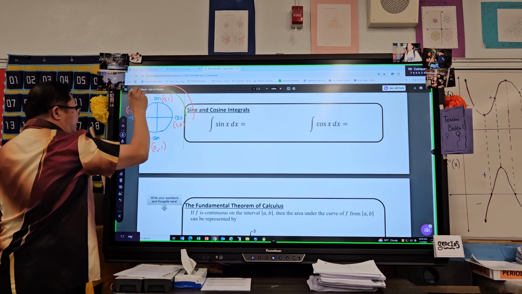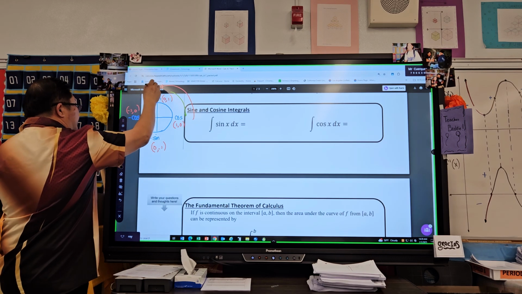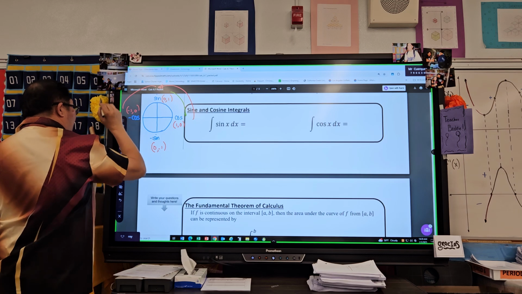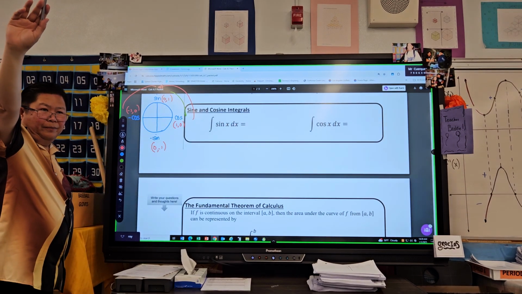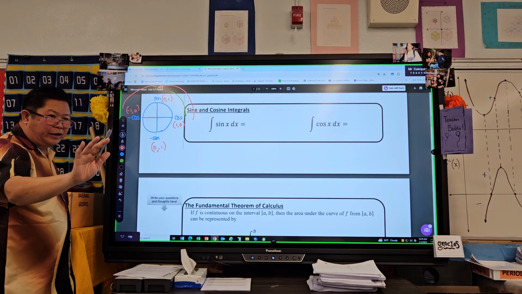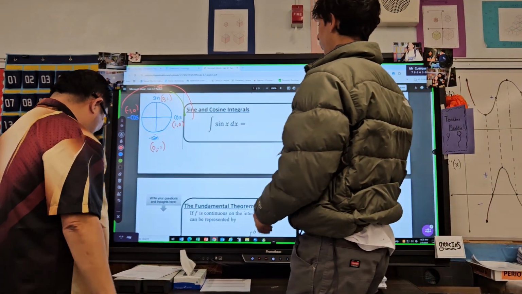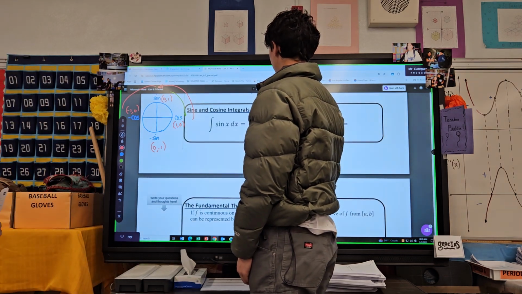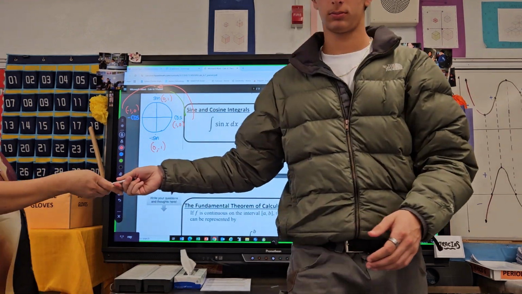Take a look at this one. What is the antiderivative of cosine? Sine. What is the antiderivative of sine? Negative cosine. Can you write it down, Tyler? Just put plus C. Very good. So Tyler's right.